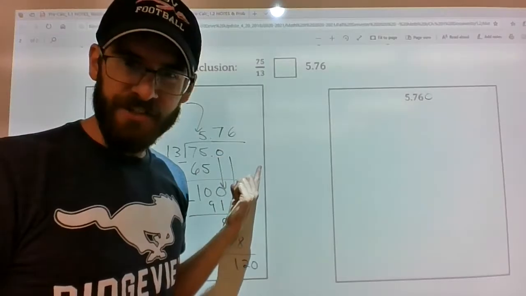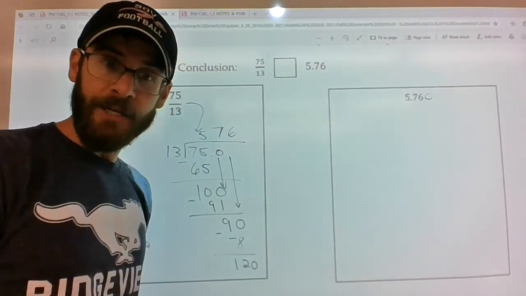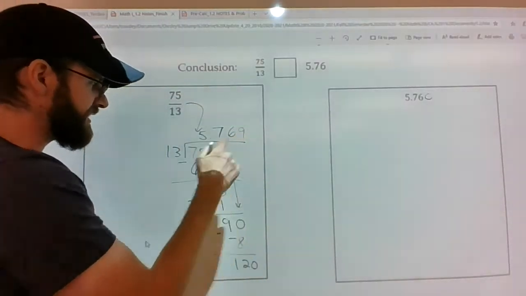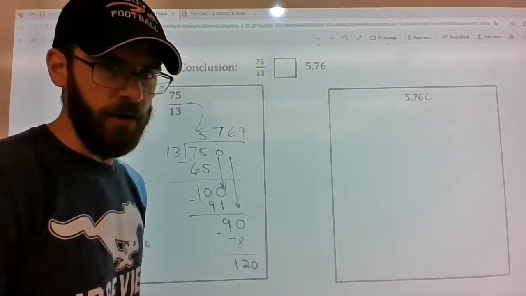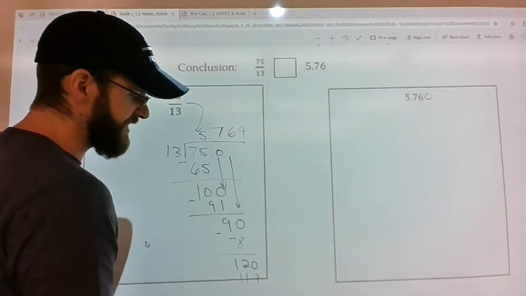This one I don't think has a 0 at the end of it. How many times does 13 go into 120? 0 times? I don't think so. It's actually 9 times. So 9 times 13 is, well, at this point I don't think we even need to figure it out. We should confirm it. It's 117.